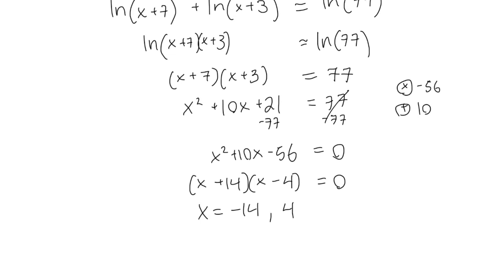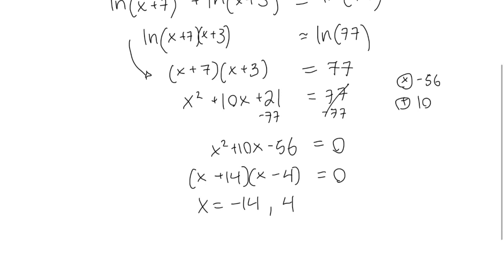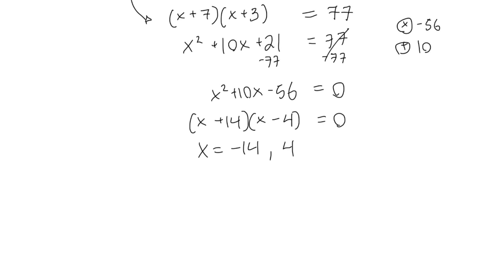Okay, now you have to be careful because you could get an extraneous root here. Anytime you change the nature of an equation from the original type of equation to a new type of equation, there's a chance that you can get an extraneous root. And that's exactly what we did in this line over here when we dropped the logarithms. We changed from a logarithmic equation into a quadratic equation. And we did actually get an extraneous root, which is this one. It's the x equals negative 14, because you cannot take the logarithm of a negative number.